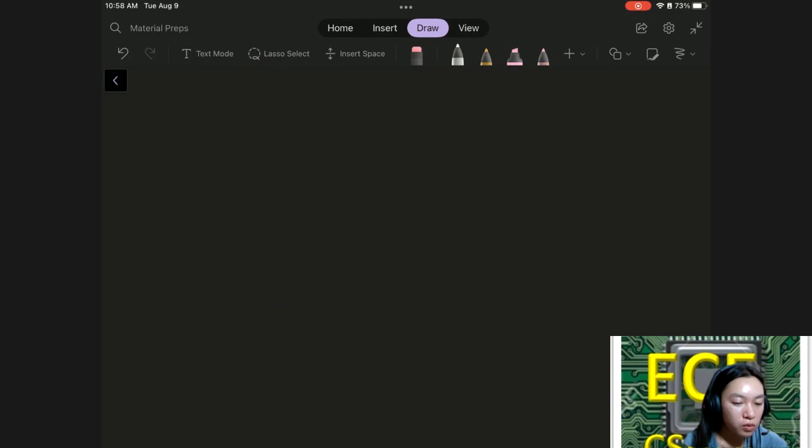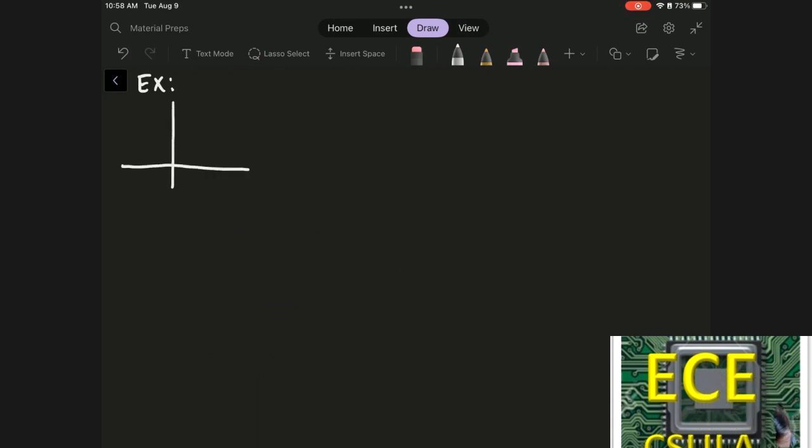I'm going to draw two signals for you. And I'm trying to make it small so I have room to write it out. This is x of n. This is n, minus 2, 2, 4, 6. Okay, I'll zoom in.